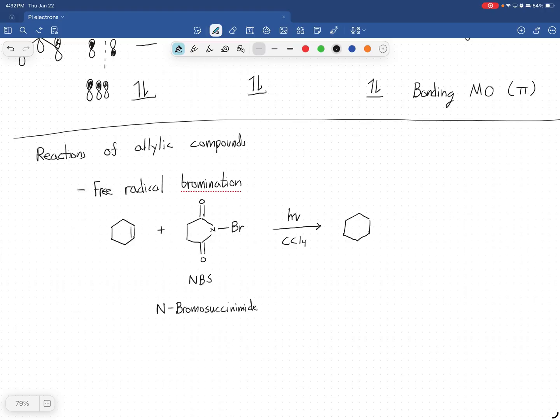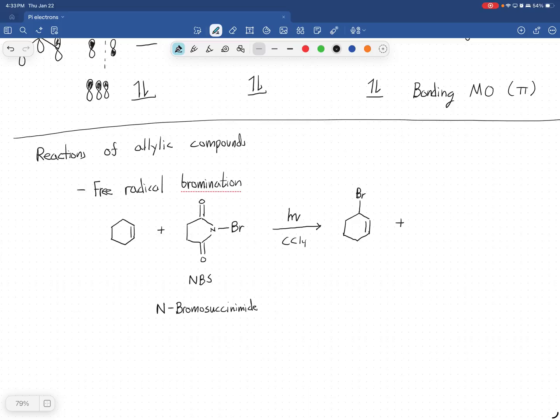But it actually doesn't do that. It attaches itself to the allylic position. That's how you get an allylic bromide. That's particularly useful because what if you still need the alkene, and you just want to halogenate at the alpha position, one carbon over? That's a useful technique to have.